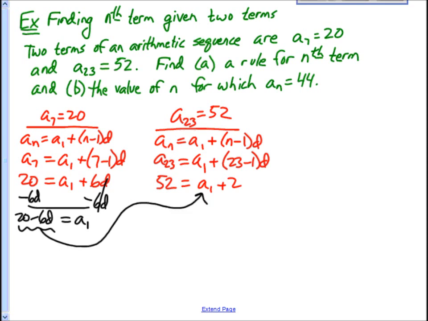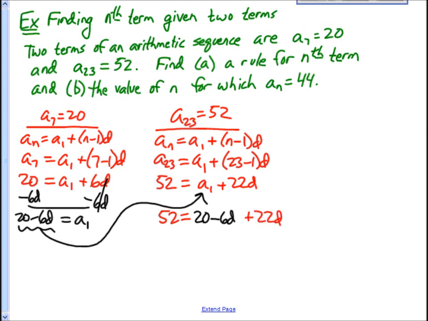Okay, so over here we have 22d. I didn't finish that, did I? Okay, so 52, I'm solving this by substitution, equals 20 minus 6d, that goes in for a1. And then I got this plus 22d.